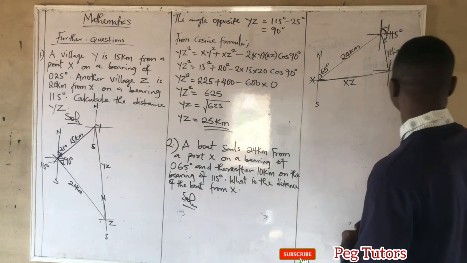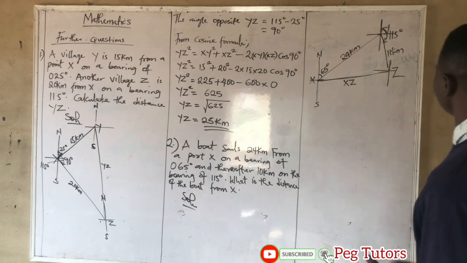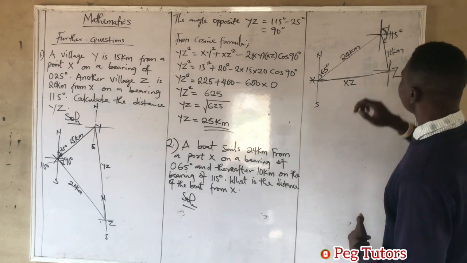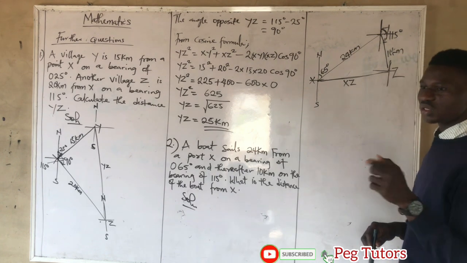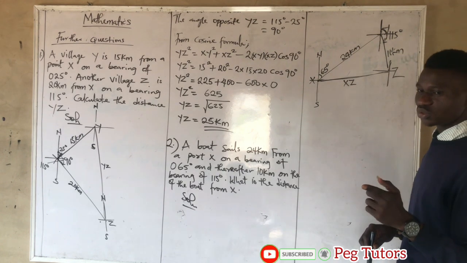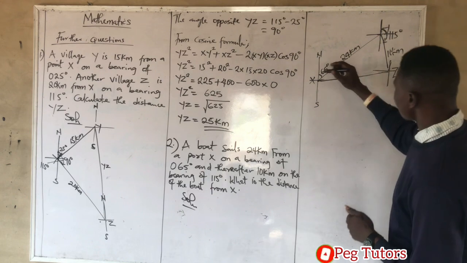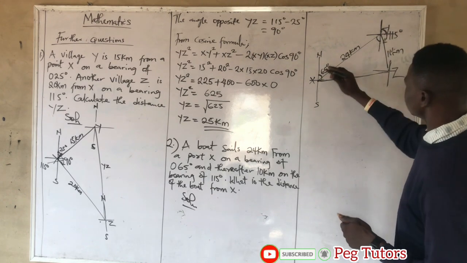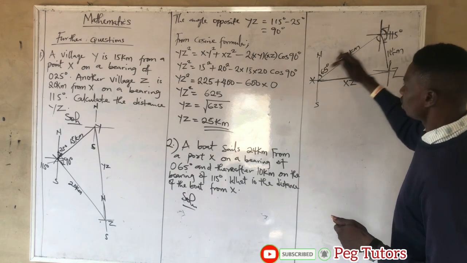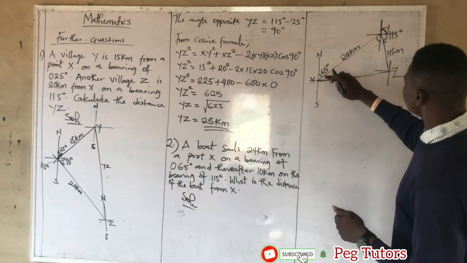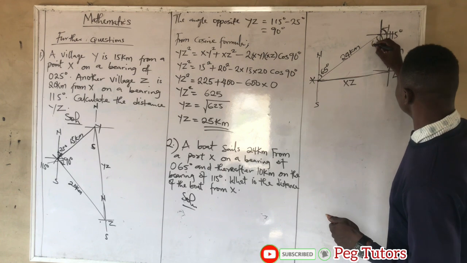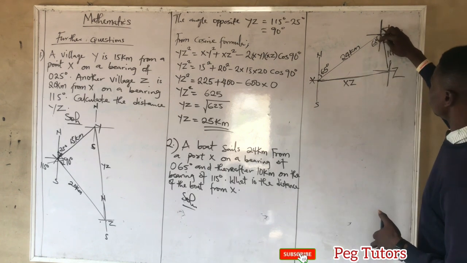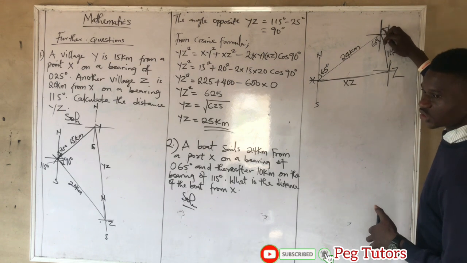Last time I told you about alternate angles. This angle here and this angle here are alternate; you can see they are opposite each other. So if this place is 65, this place should also be 65 degrees.